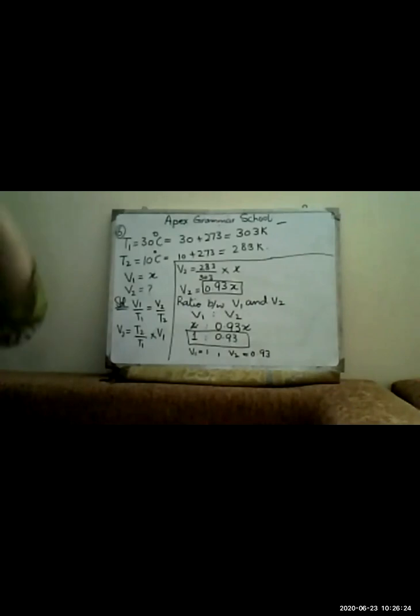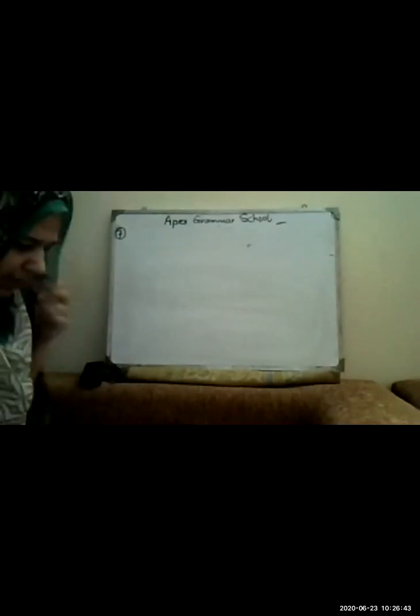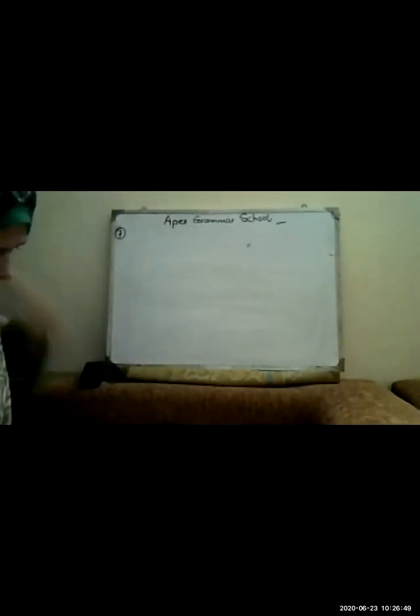Then numerical number 7, we are moving. Okay, numerical number 7. A balloon that contains 1.6 decimeter cube of air at standard temperature, that is 0 degrees centigrade.